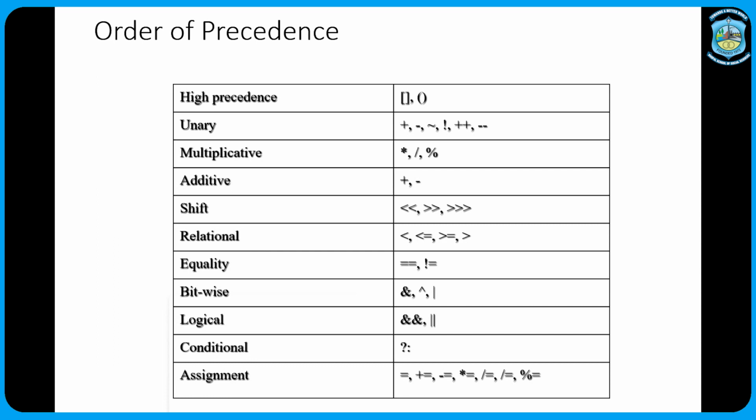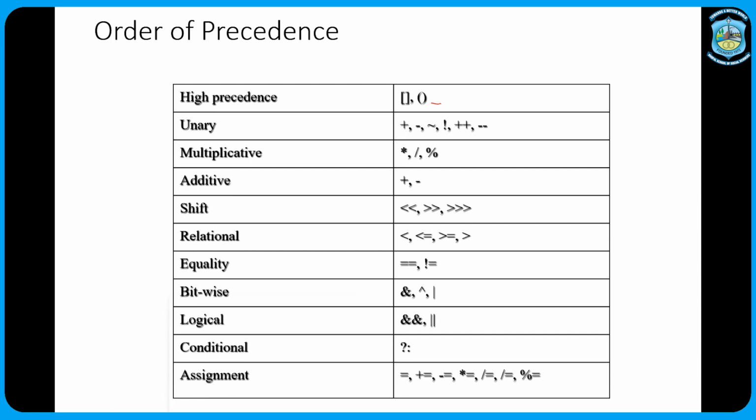The unary operators are plus, minus, inversion, not, plus plus, minus minus. The highest precedence is always of brackets. Here it can be square brackets and parentheses.